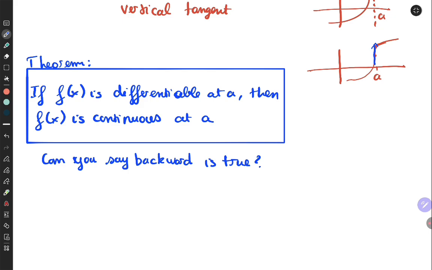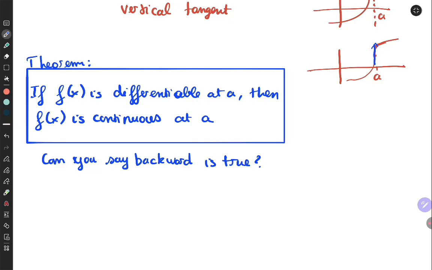Not backward like A at continuous. No. Backward in terms of meaning. So if I say something is differentiable, that guaranteed to be continuous. A function is differentiable. You can take the derivative of that function. Guarantee that function is continuous. Then what would be the backward of that?